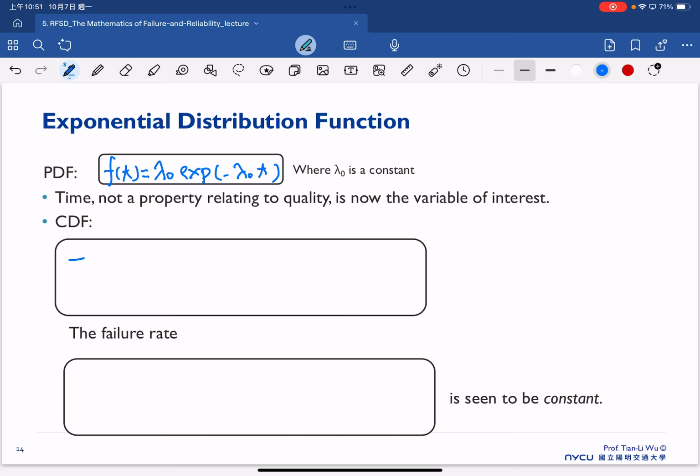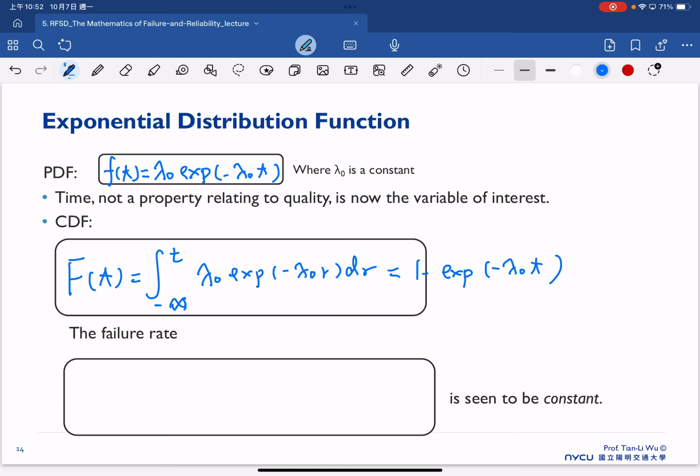So now we do what we have already discussed. The CDF is the integral from minus infinity up to t of lambda 0 exponential minus lambda 0 t prime dt prime. By doing this simple integration, we come up with the CDF equal to 1 minus exponential minus lambda 0 t.